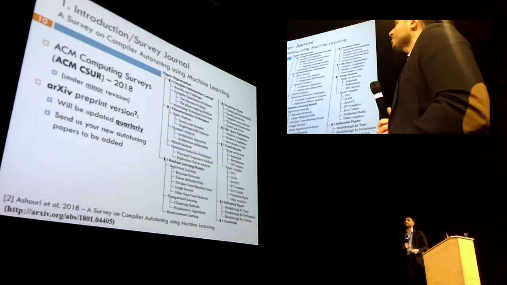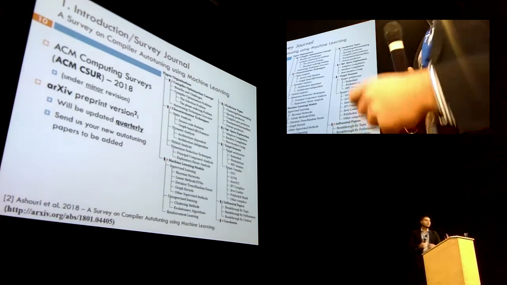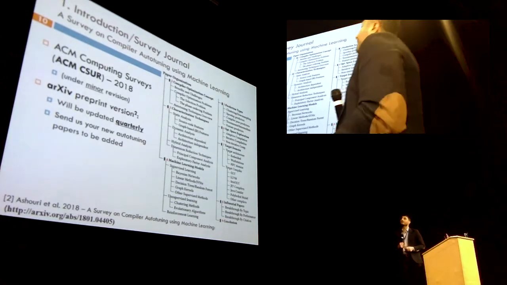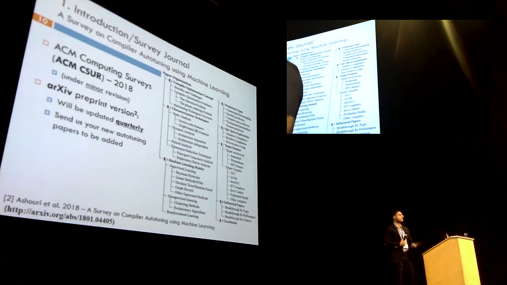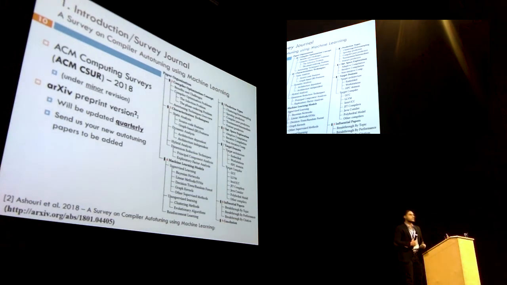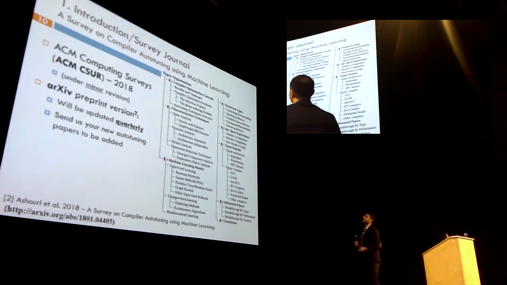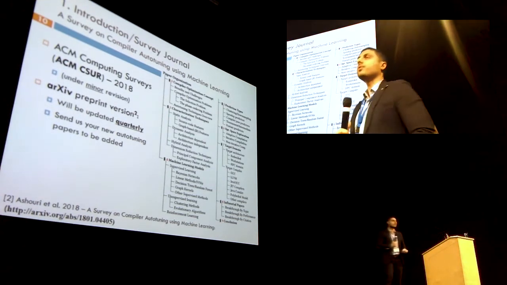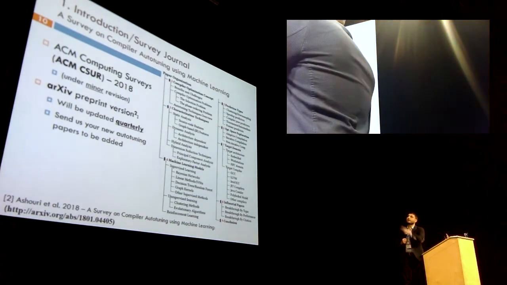So just a quick point here. Over the last year, we tried to analyze the whole field of compiler optimization using machine learning, and we managed to gather a survey by analyzing more than 200 papers. This is a snapshot of the survey. It is currently under minor revision at ACM Computing Surveys.